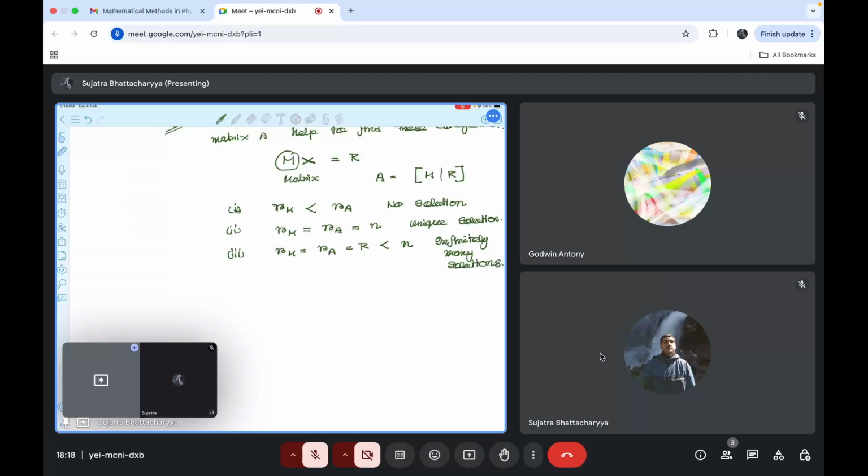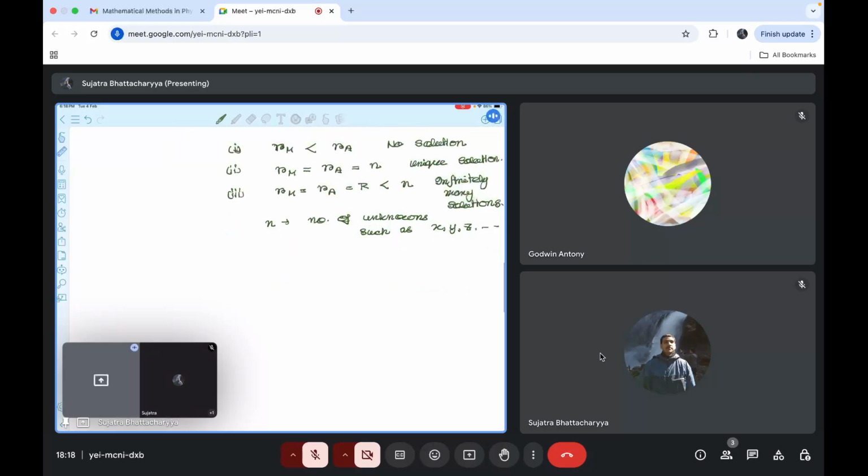We can understand from this. Let me write it down properly. So n is the number of unknowns, such as your x, y, or z. It may be possible there are three unknowns. We will see one question, and that will be clear.